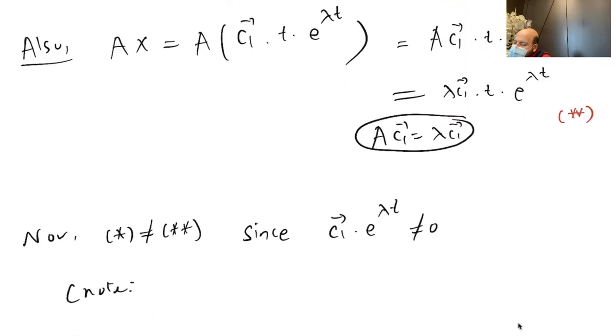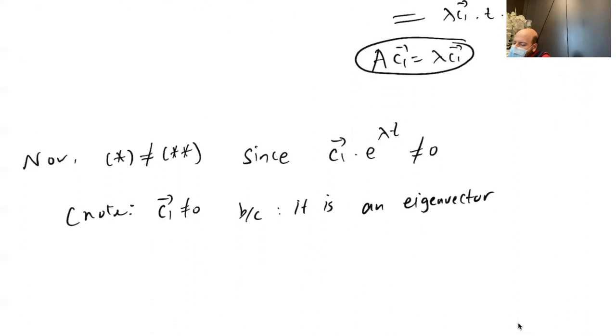Note that C1 is non-zero because it is an eigenvector, and e to the power lambda t is non-zero because exponentials are always non-zero.